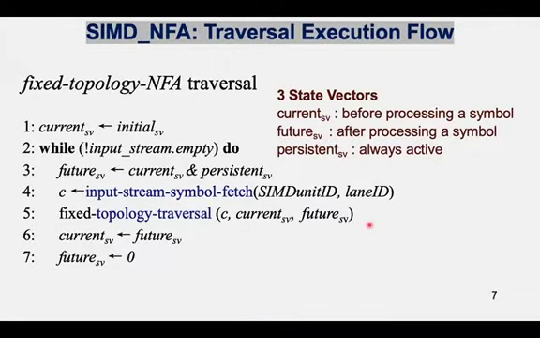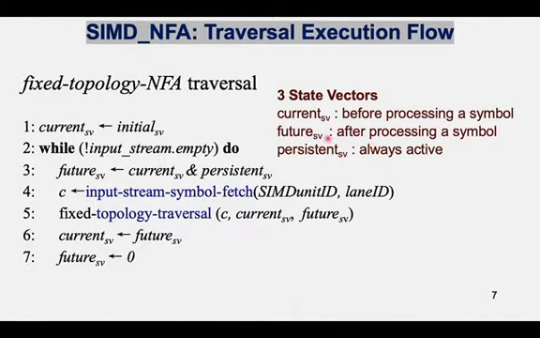This is the high-level pseudocode of our traversal design. To begin with, we need some data structures that hold the state's status on being active or inactive. So we have three state vectors in our design. I'm going to talk about their layout details in the next slide.